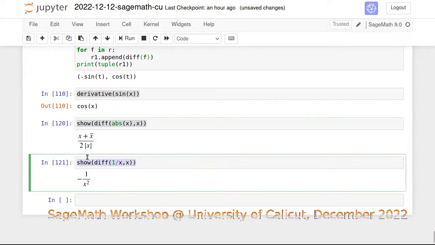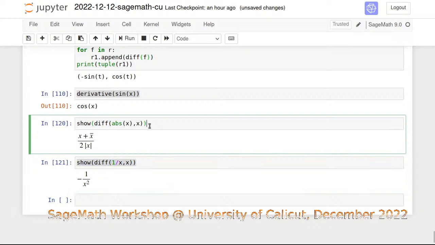Not only that, the derivative for 1 by x is correct wherever it's existing. But the derivative for absolute value function, wherever derivative is existing, this is correct. But at 0, the function exists, but it is not correct.